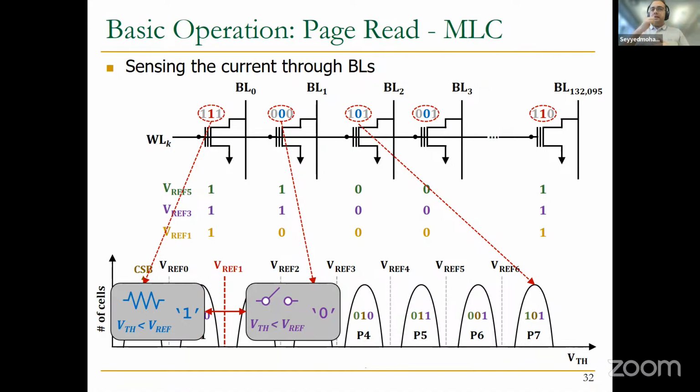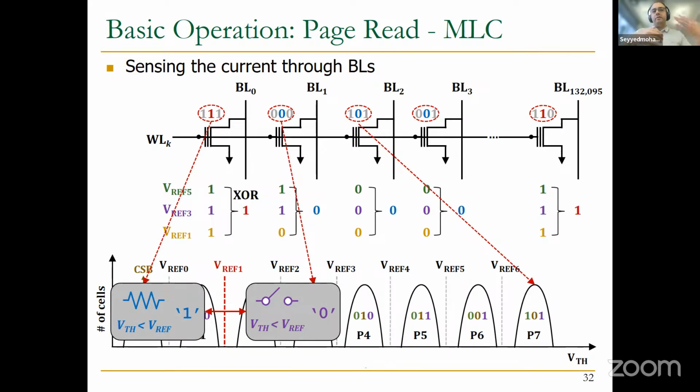By applying any of these reference voltages, you will have some value, some bits. And in the end, you need to combine these bits that you read to realize what the final value is. For this specific encoding technique, it's proven, and you can also work on it as a homework if you are interested, that if you XOR the values that you already read, you will reach the correct value.